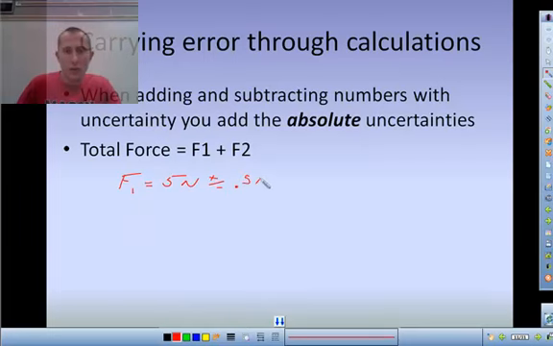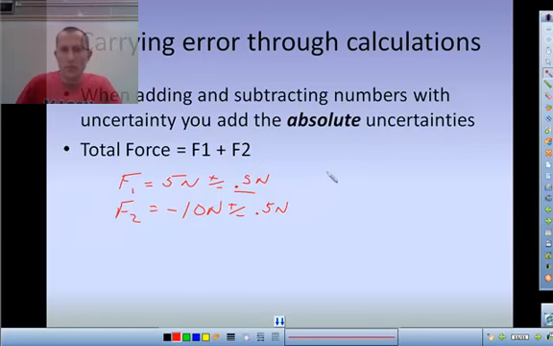Okay? So that right there is our absolute uncertainty. Then F2, let's say it's going in the other direction, it's negative 10 newtons. And again, we use the same measuring device, so it's going to have the same uncertainty in the measurement.